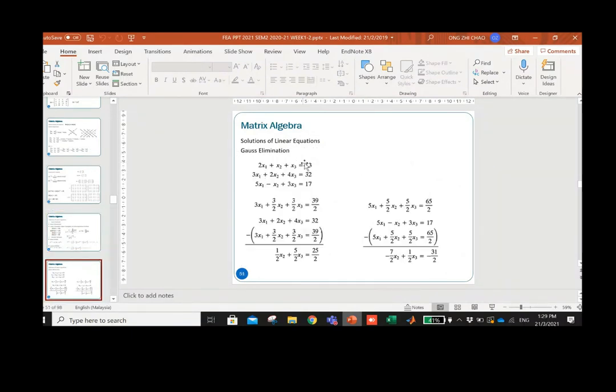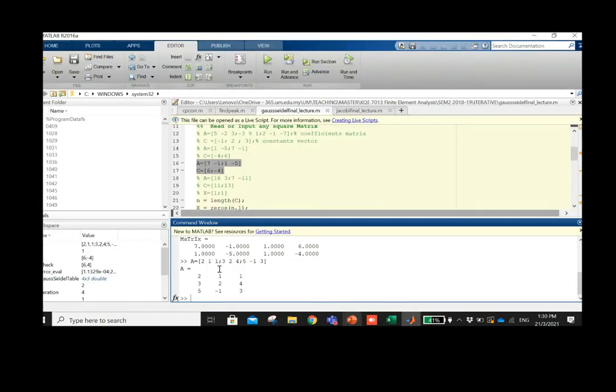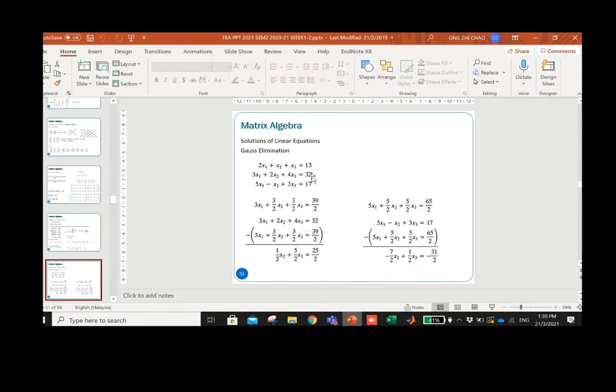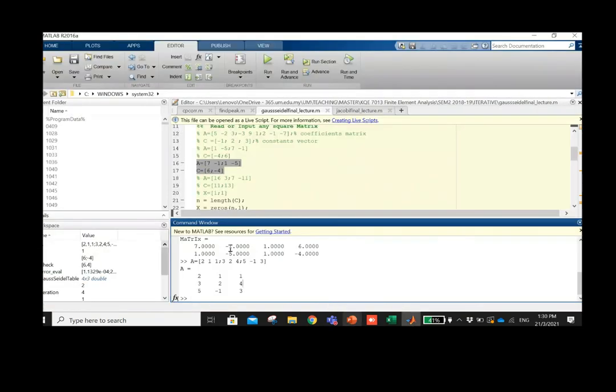So this one, 2, 1, 1, 3, 2, 4, 5, -1, 3. I can build it as 2, 1, 1, semicolon, 3, 2, 4, semicolon, 5, -1, 3. It will build this A. Then I have my B, which is 13, 32, 17.